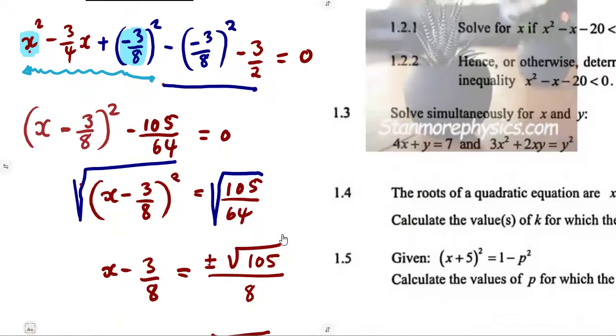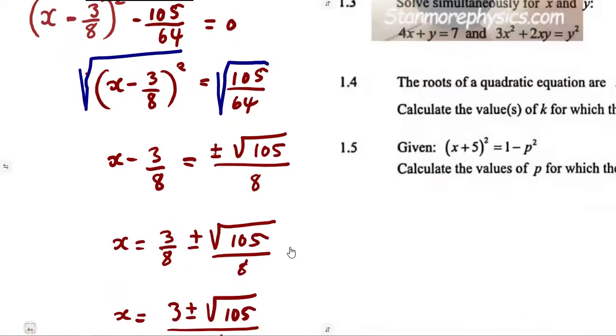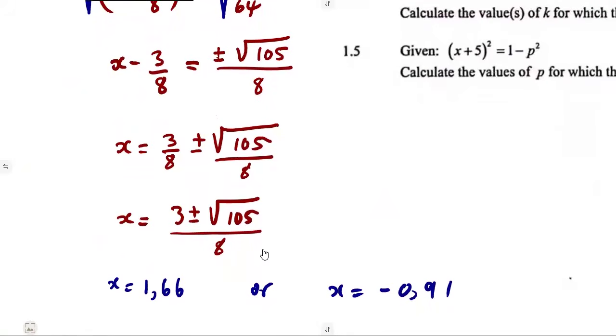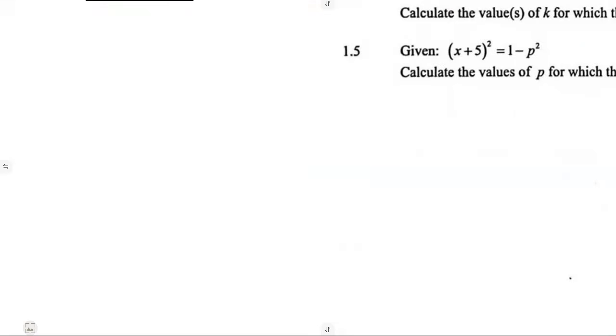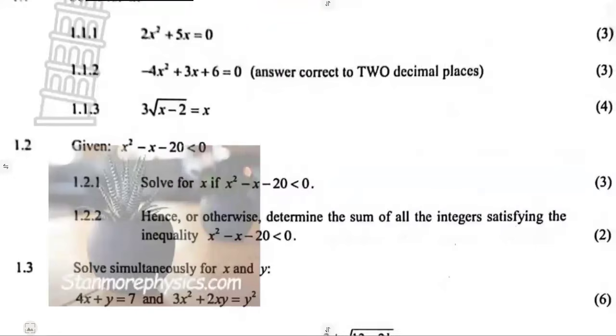If you know these stages, guys, you can actually opt for the completing the square method. But if you are used to the quadratic formula, please use your quadratic formula and make sure that you perfect it. As you can see, guys, it can be one and the same.